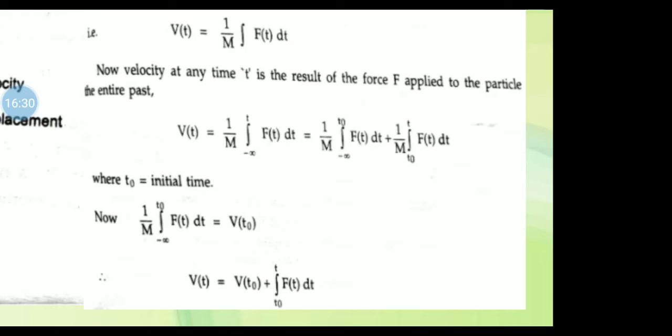If v of t naught is known and the input from t naught to t is known, then we can obtain a unique value of output v of t at any time t greater than t naught, key point. Thus initial conditions, that is memory, affects the system characterization and subsequent behavior.